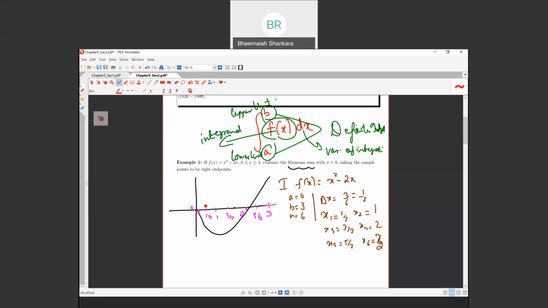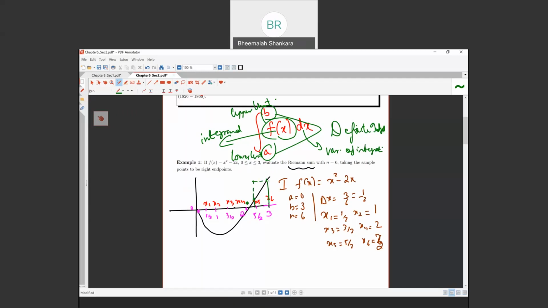So name these points as x sub 1, x sub 2, 3, 4, 5, and 6. You're using the rightmost endpoint, so start drawing the rectangles from the right. Draw a vertical line towards 3, a vertical line towards 5/2. Extend this to make it look like a rectangle.